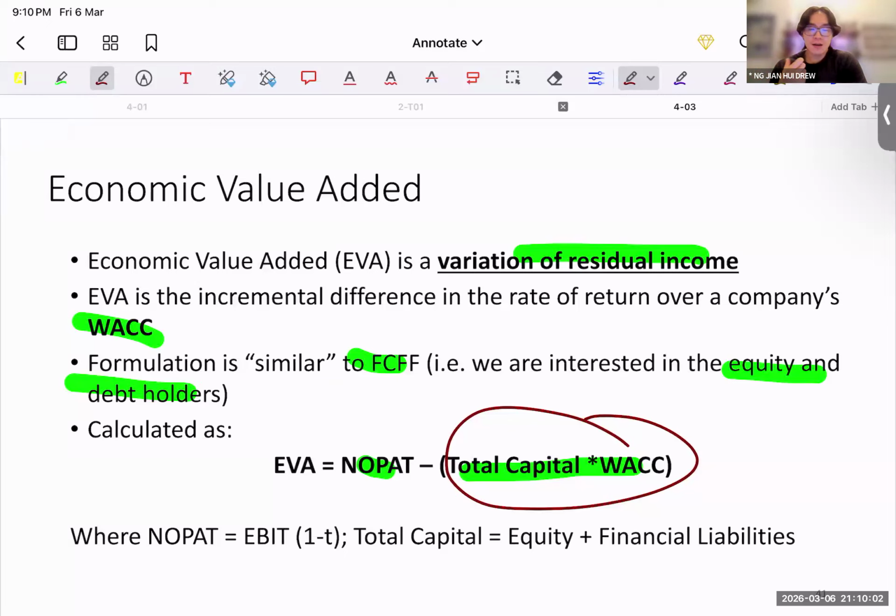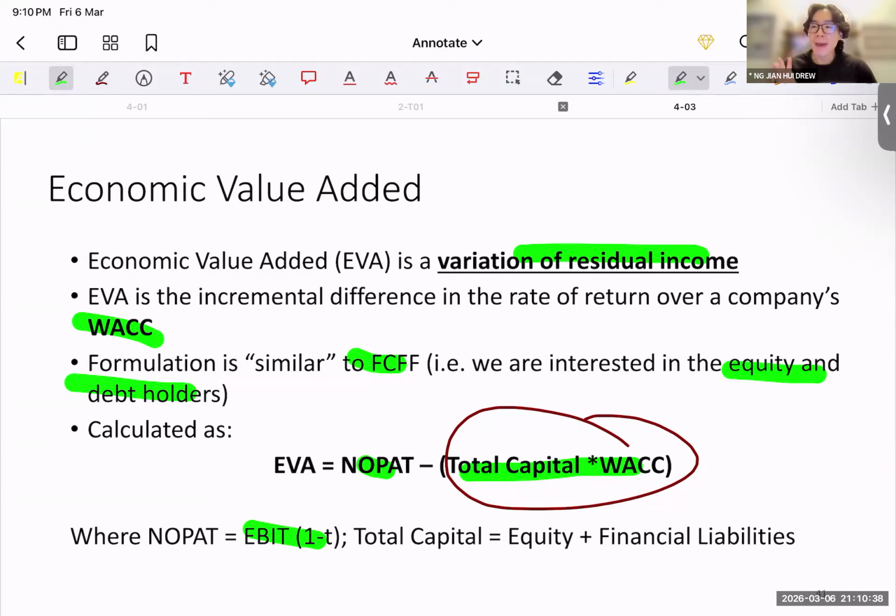So it is really exactly the same, other than the fact that it concerns both equity and debt holders. And the simplest form of getting NOPAT is your EBIT times 1 minus tax. Now, this formulation of NOPAT equals EBIT times 1 minus tax is really just used for questions, meaning questions in your class tests.